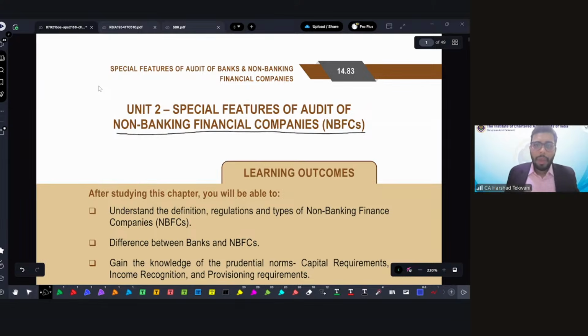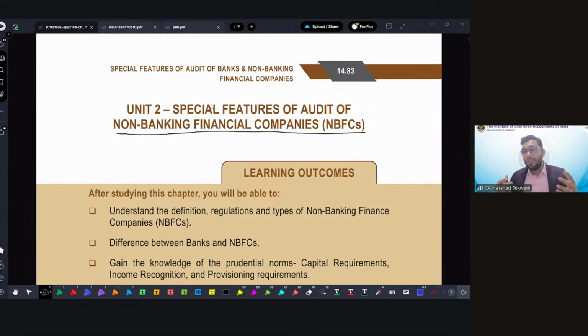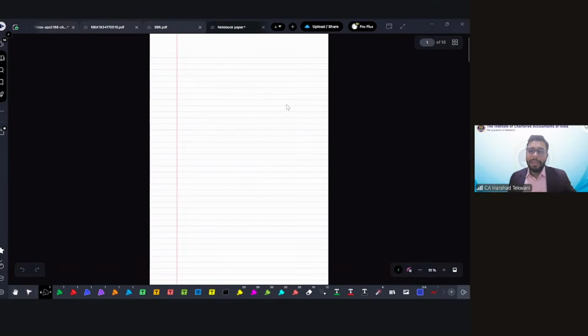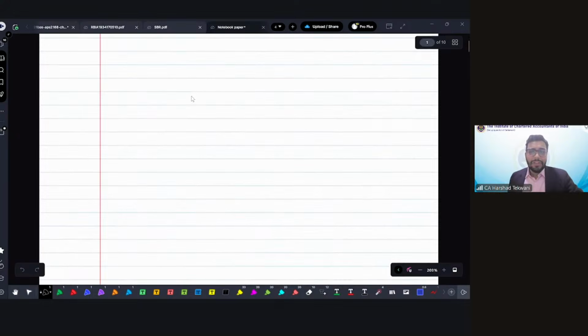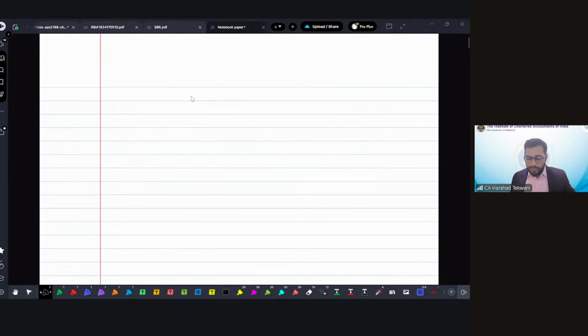So, here, first of all, we need to understand which laws or regulations are applicable to an NBFC. That means we need to understand the proper application of a standard which talks about laws and regulations. Which was that standard? Which was that? 250. Yes, is it 450? 250, sorry.